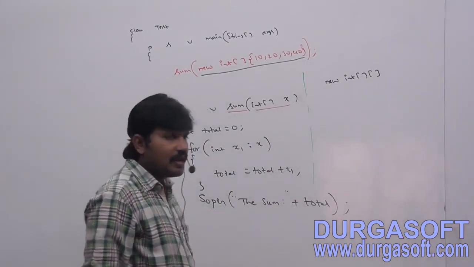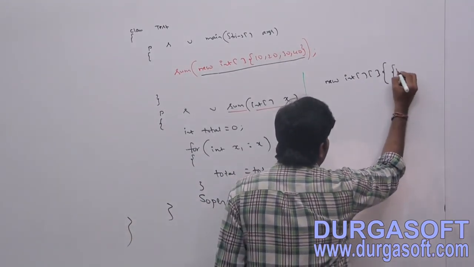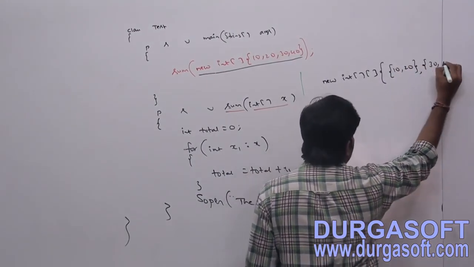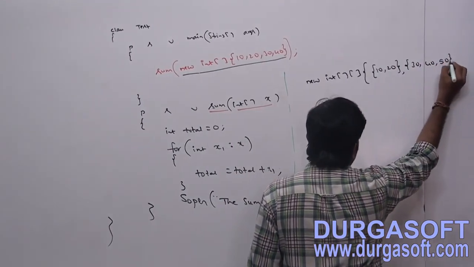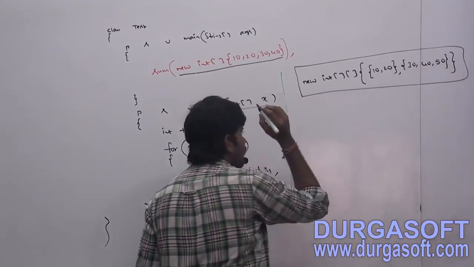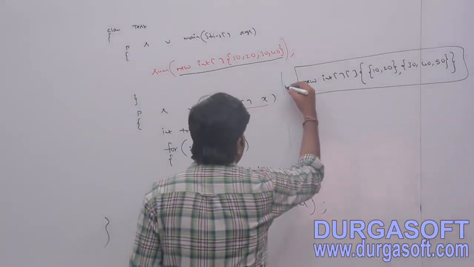New 2-dimensional array, with what values? Here 10, 20, 30, 40, 50, like this I am taking.